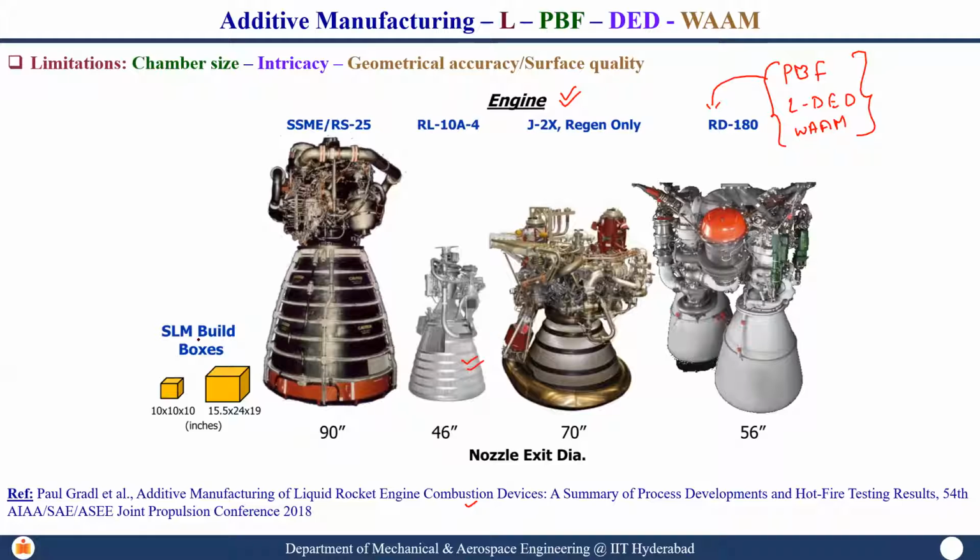If you look at most of these powder bed fusion systems, the build area is very much limited. You cannot make such a big component in a powder bed fusion process. There are its own limitations because you are using a laser, and let us say this is the mirror. Laser falls here, and it falls here.